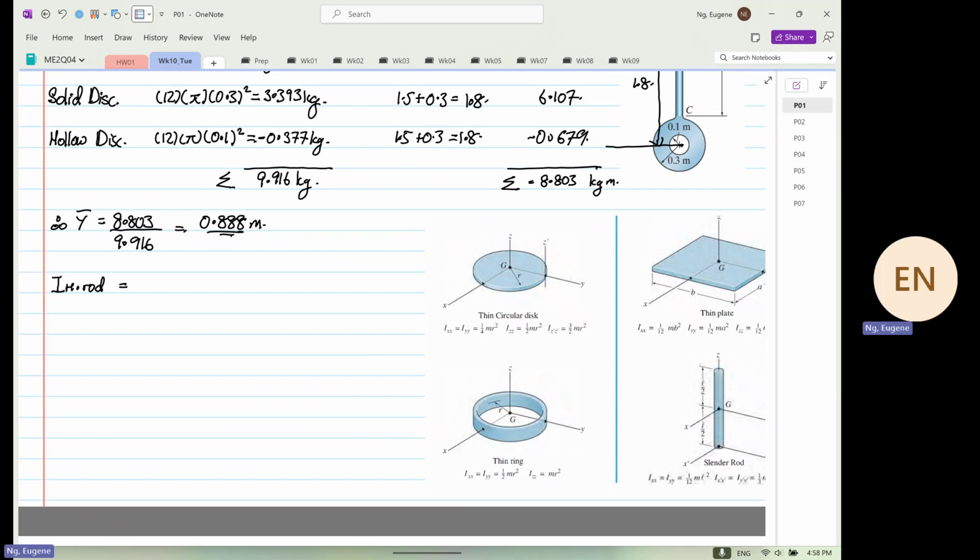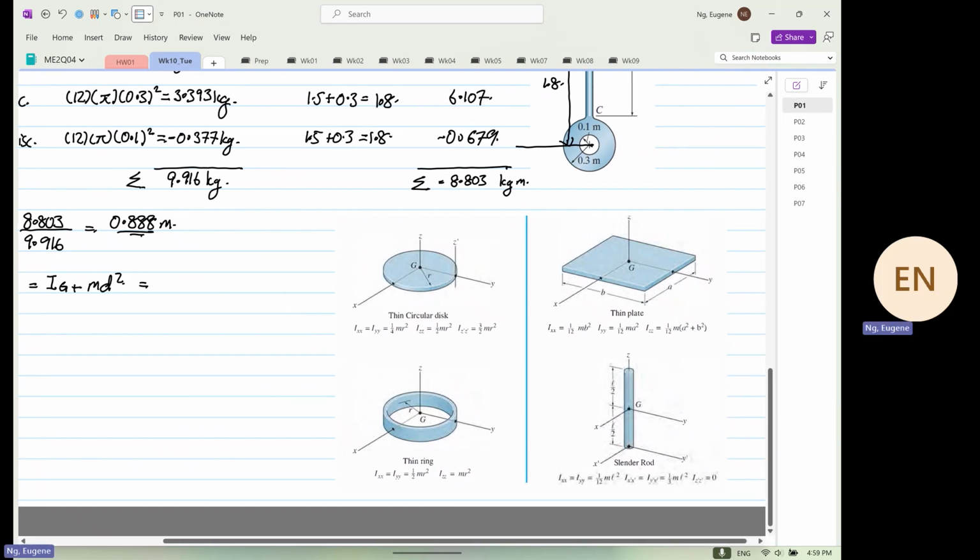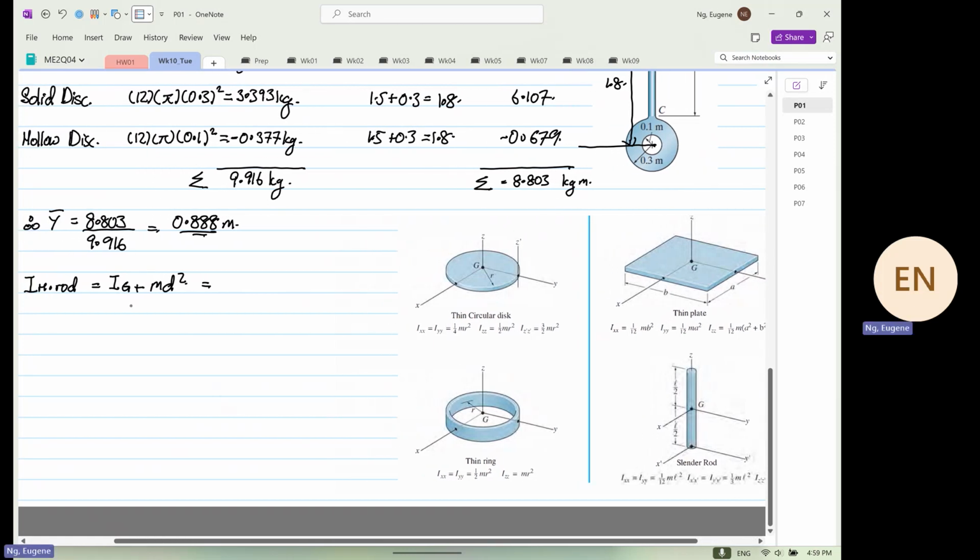So from here, I of the rod is equal to Ig plus md squared. Before I go on, when you use this, it is what we call the parallel axis theorem.